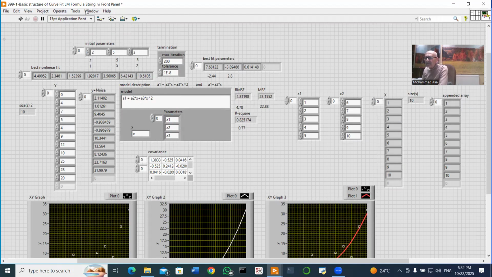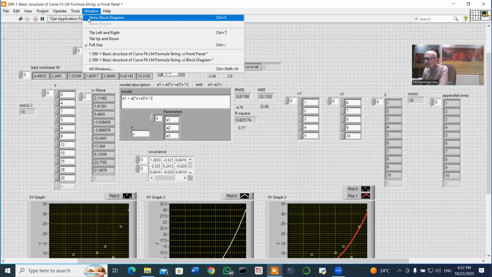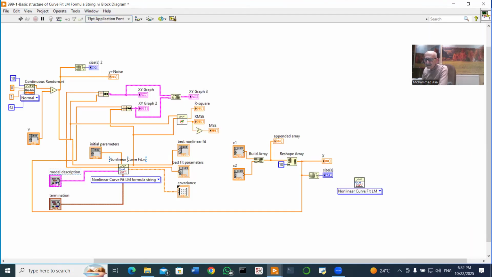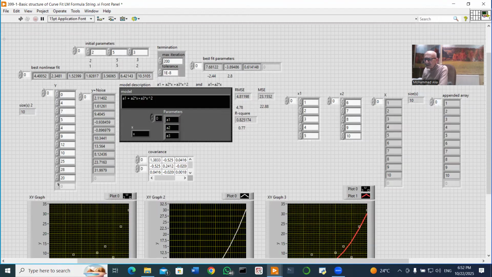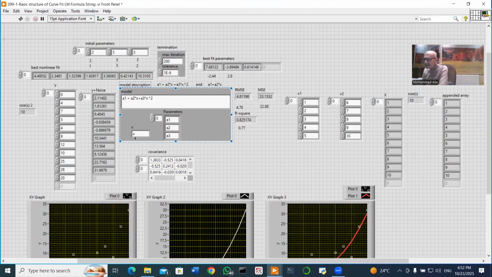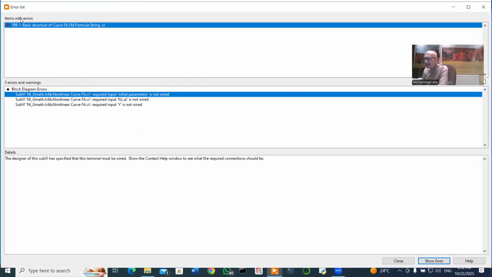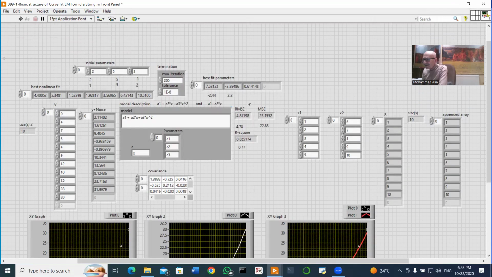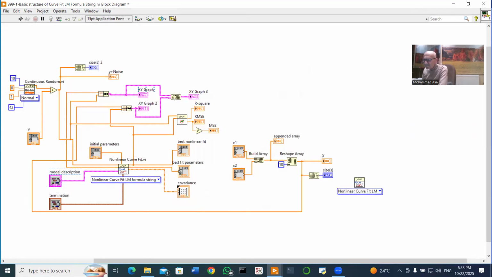In the front panel, this terminal here, why are they broken? I think because I have forgotten, in the front panel, yes, because I have forgotten this function unconnected, I have to delete it.